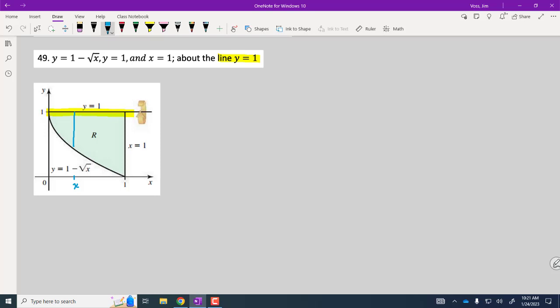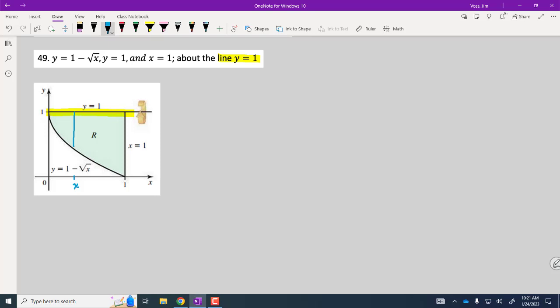Okay, so are we creating a disk or a washer? Disk. Why is it a disk? It is a disk because the element is touching the axis of rotation. If this region was rotating around the x-axis, this would create a washer because there's a gap right there if we were going to go about x.